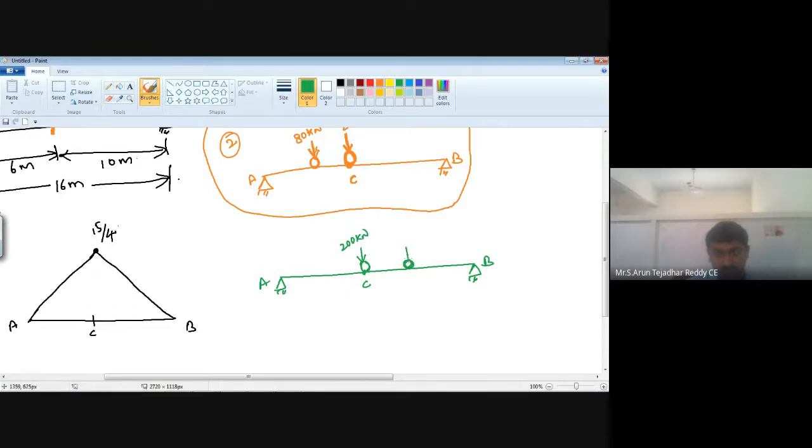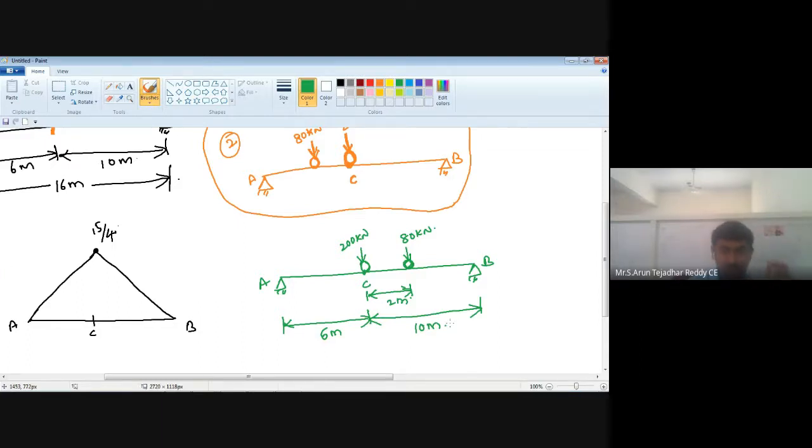Here it is 80 kilonewton, and from here to here the given distance is 2 meter, and A to C is 6 meter, C to B is 10 meter.